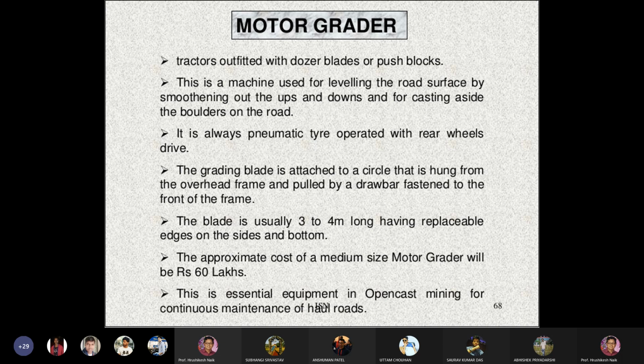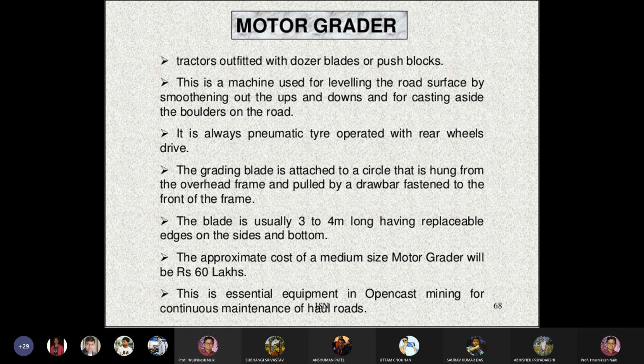This is a machine used for leveling the road surface by smoothing out the ups and downs and for casting aside the boulders on the road. It is always pneumatic tire operated with rear wheel drive. The grading blade is attached to a circle that is hung from the overhead frame and pulled by a drawbar fastened to the front of the frame.